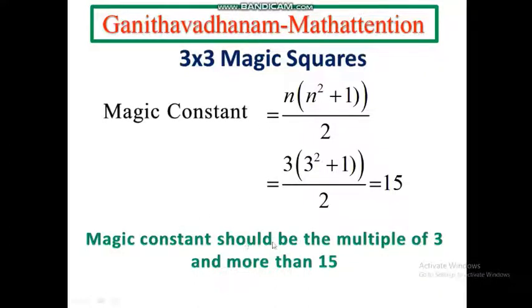The magic constant should be a multiple of 3 and more than 15, because the universal magic constant is 15. The method of universal magic squares I have already dealt with; you can find it in my previous videos.